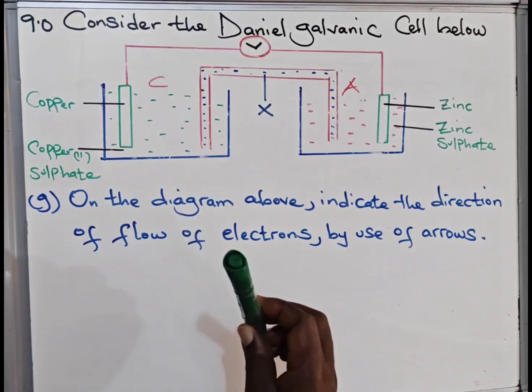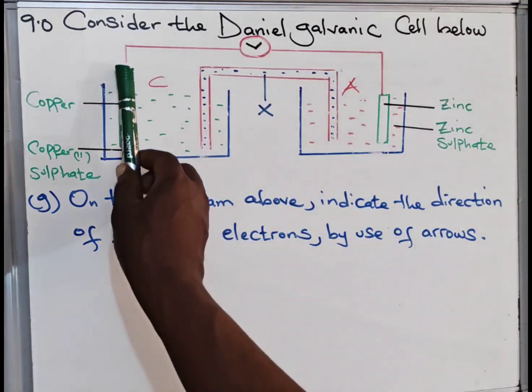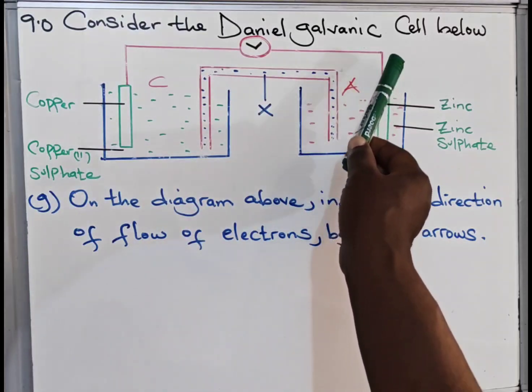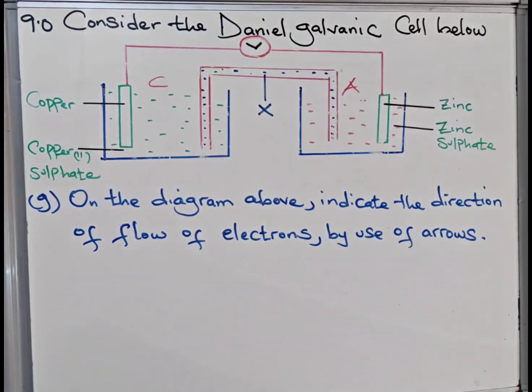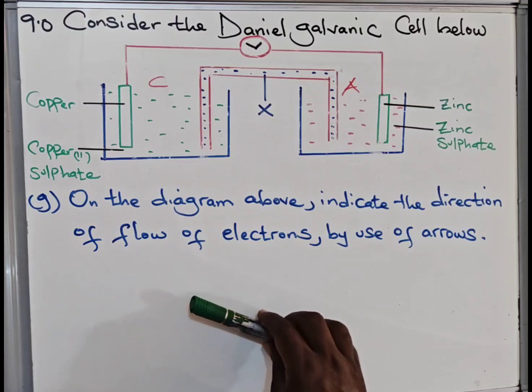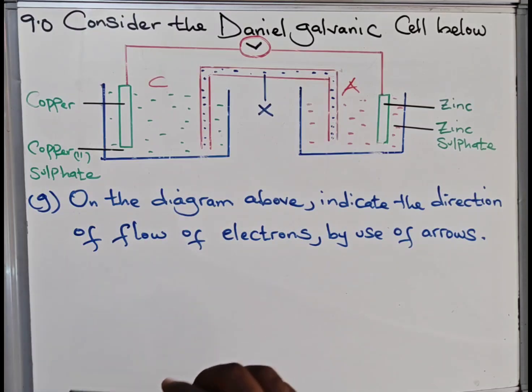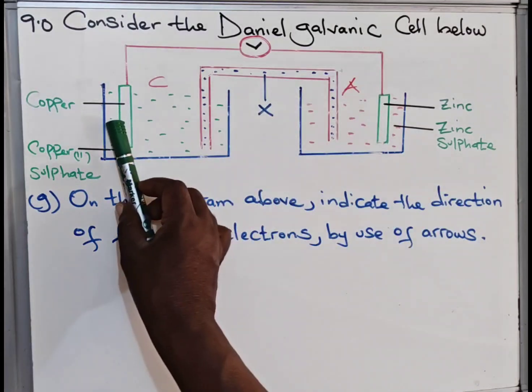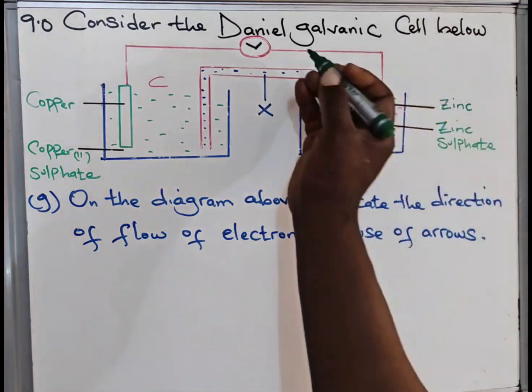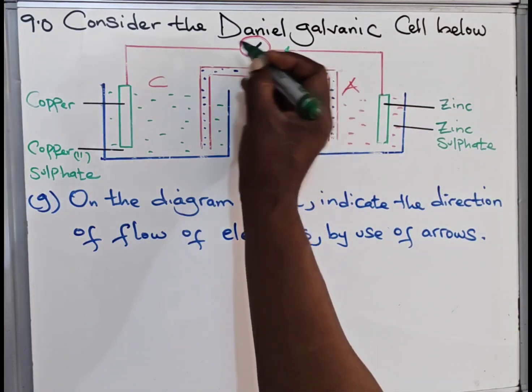So when it comes to electrons, it is in the external circuit where they appear. And how do they move? The movement is easy to remember. It's from anode to cathode. We used to say from A to C, A coming before C alphabetically. So if this is our anode and this is our cathode, it implies that electrons are going to be moving in this manner.